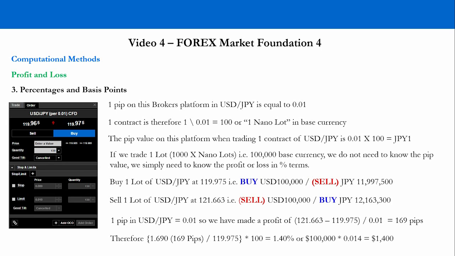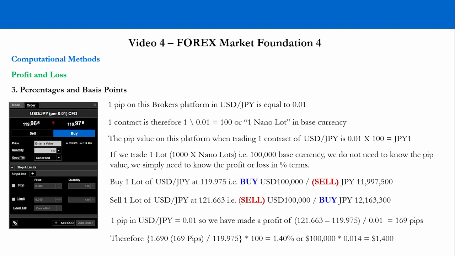And in quote currency, 1 pip is equivalent to the value of 1 Japanese yen. And if we trade 1,000 nanolots, so we're trading 1 lot, if we trade this size, it actually doesn't matter.